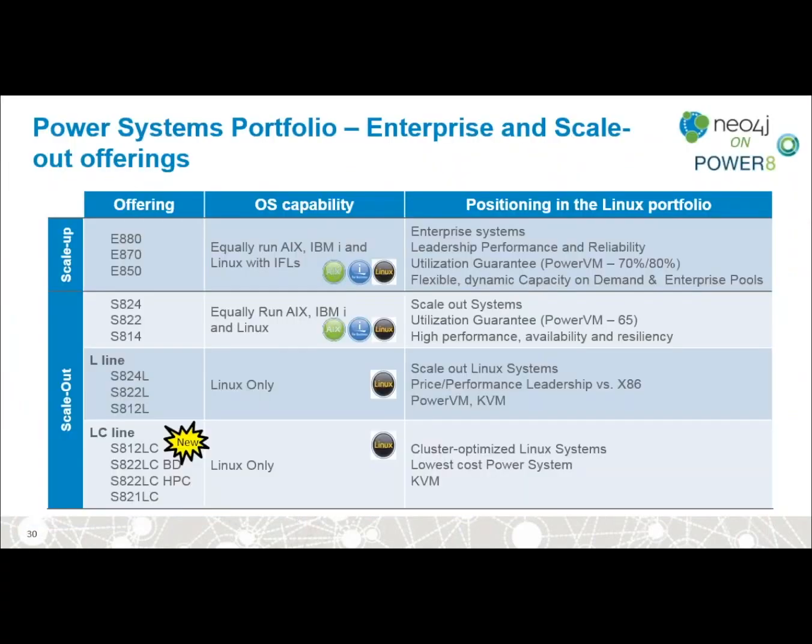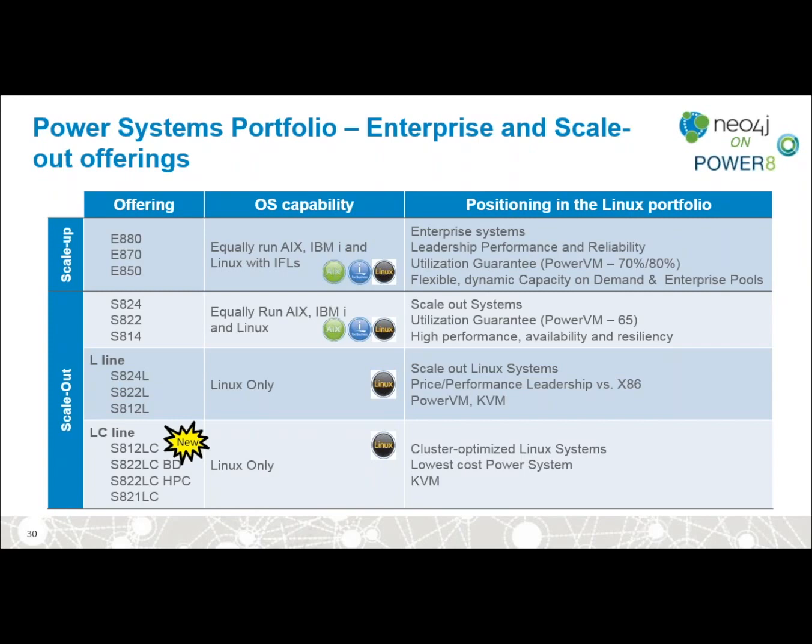Let me jump to a view of our portfolio, right? So we offer a pretty broad set of servers. Many of you probably know Power Systems is offering high-end, large SMP servers. We have a huge breadth in terms of not just those enterprise type of servers, but all the way into what we call the scale-out servers.